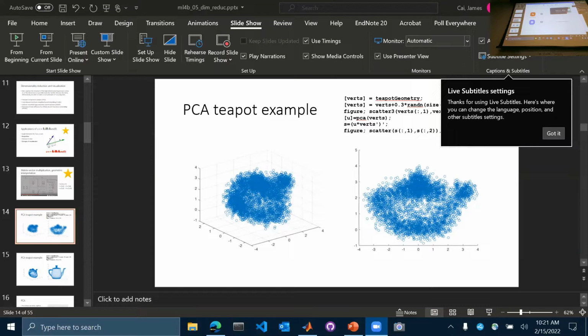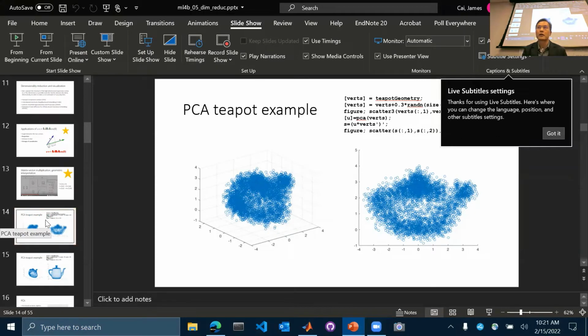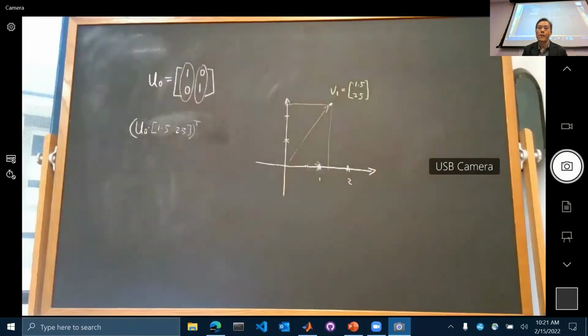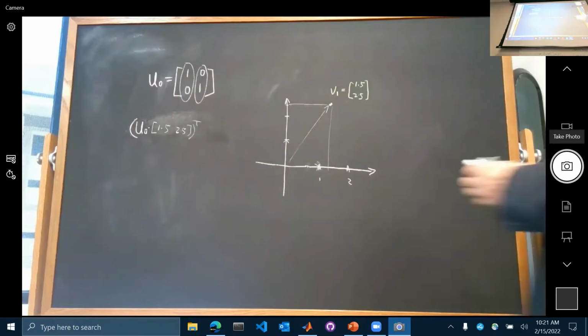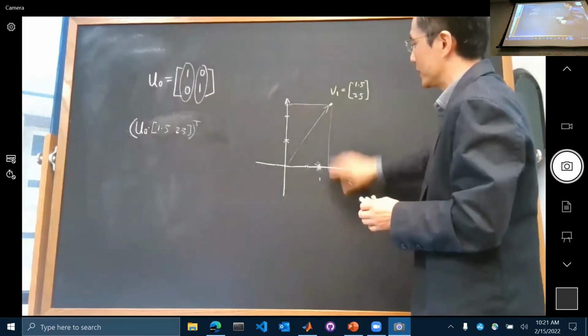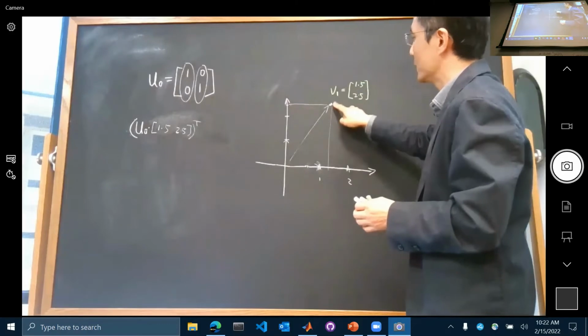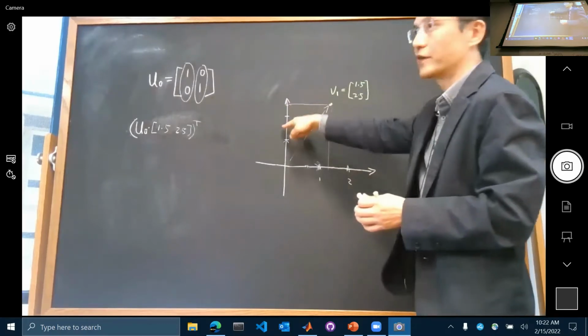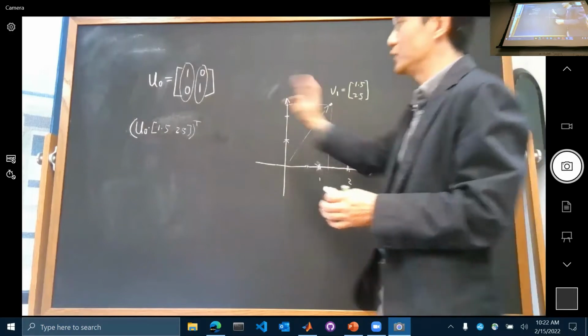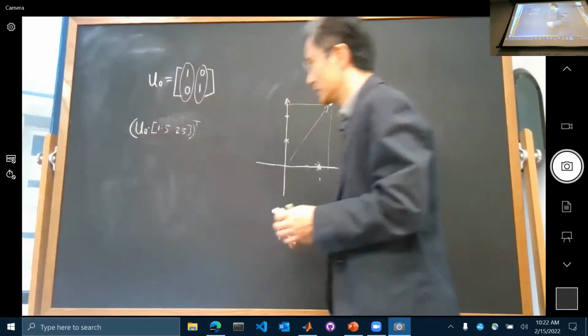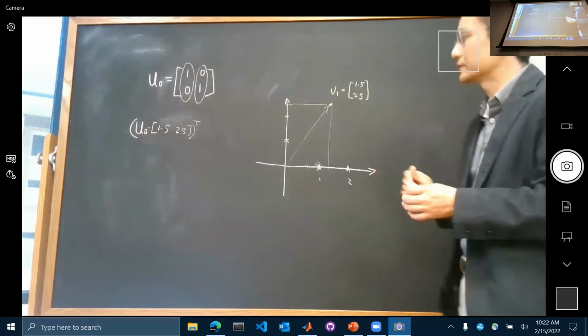You have to transpose either this or that, because if you multiply the two vectors together you would just get one number, either the x or the y. So I can do this at the same time. You project this to this vector and get the first value, and you project that to this vector and get the second value. If I do them together, I can use this to do this.